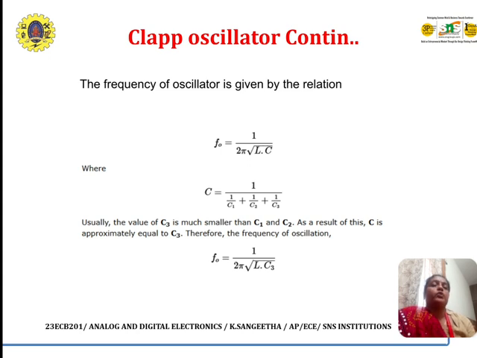When capacitors are connected in series, the smaller value dominates. So the frequency of oscillation can be written as f = 1 by 2 pi root L into C3. This is the final frequency of oscillation.